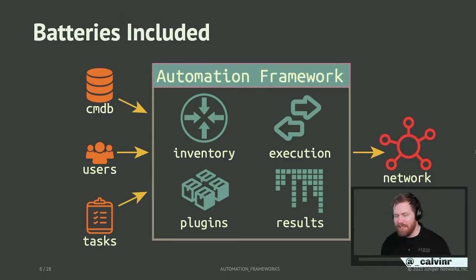Now, let's talk about something else, and that's execution. I talked earlier about the pain of having 10,000 revisions to a single Python script if you had 10,000 devices. It's not practical, and there are other ways of doing things. But keep in mind that we've got many, many devices in our environment.